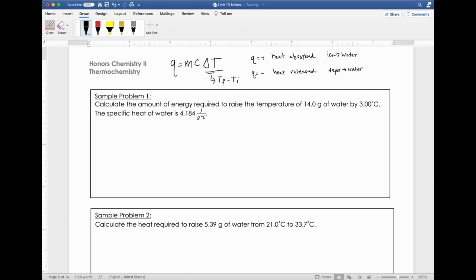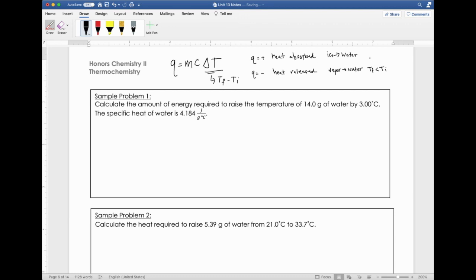The reason why our Q is negative is because our final temperature is actually less than our initial temperature, right? Because our initial temperature is much higher than the final temperature, we are going to get a negative value for Q. So let's say that our final temperature is 20 and our initial temperature is 50. 20 minus 50 would give me a negative value.